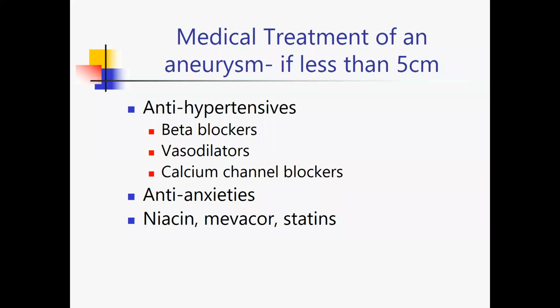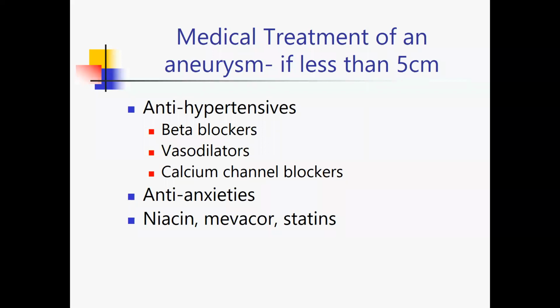The other rule of thumb with antihypertensive medications is you want to keep their diastolic blood pressure less than 100. 80 is best, but here again, if they're greater than 100 millimeters of mercury diastolically, the risk for a rupture is higher.